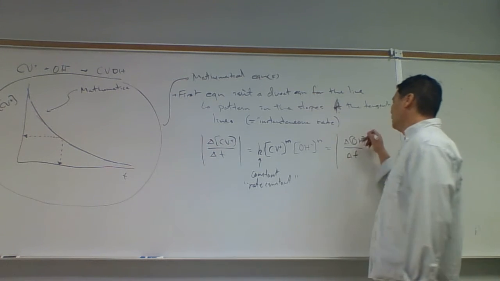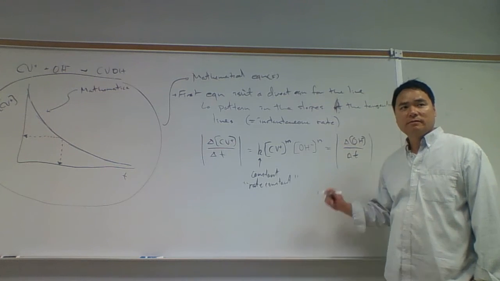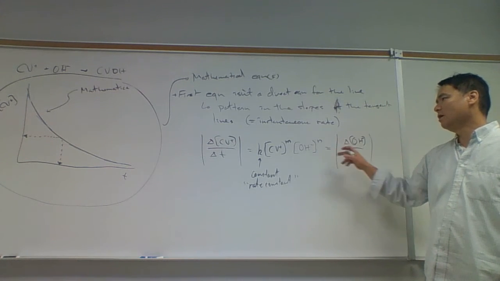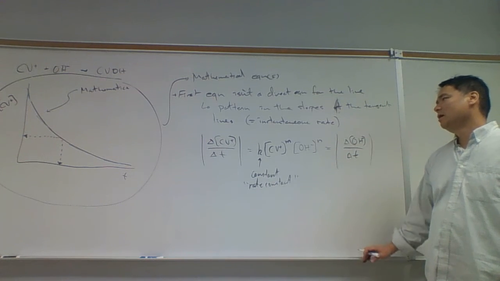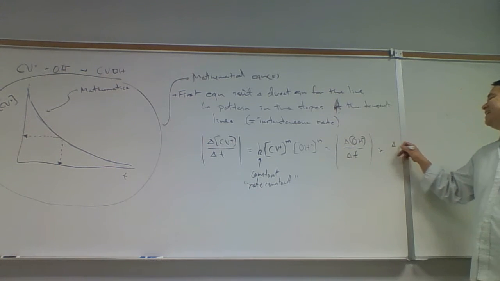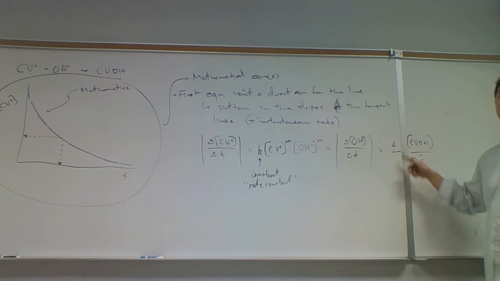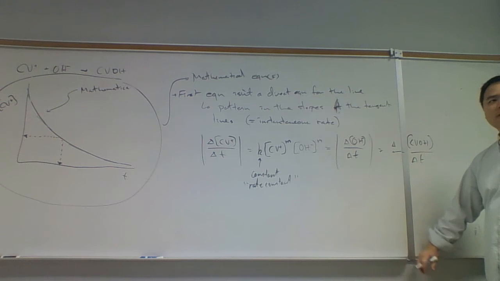Yeah, except this is going to be positive, so you don't really need the absolute value. Sometimes they'll leave the absolute value signs off. Or no, this is going to be negative, so you do need the absolute value, sorry. Which is going to equal the rate of crystal violet hydroxide production over time, which would be positive. So we don't need the absolute value here.